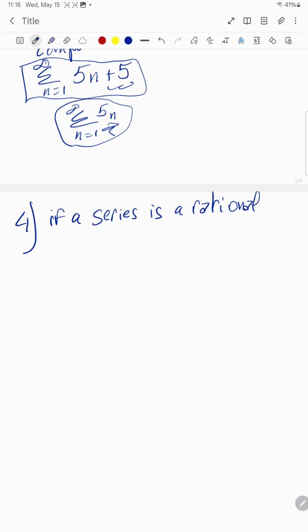If a series is a rational expression, that means it is a fraction. I have a fraction of polynomials, or a polynomial under a root. I use a fraction that contains only polynomials.